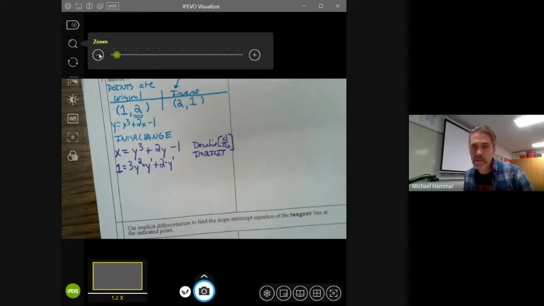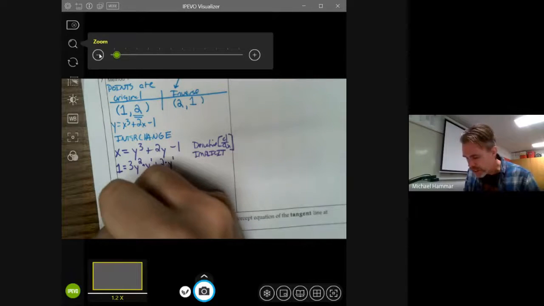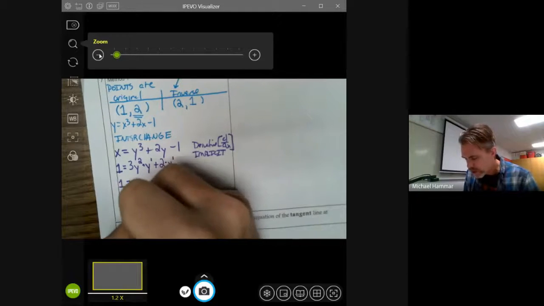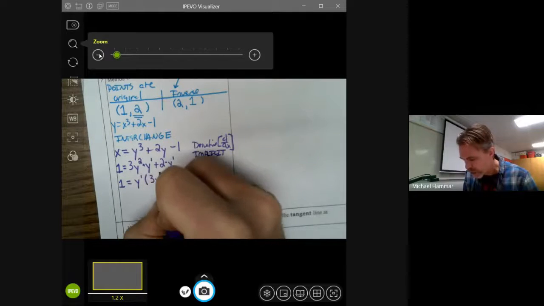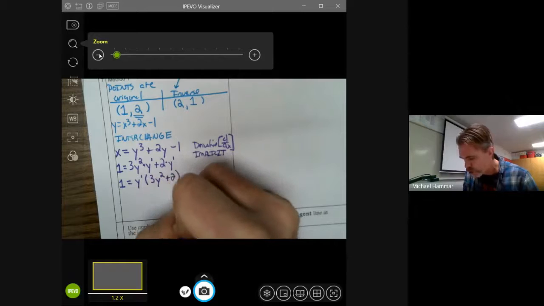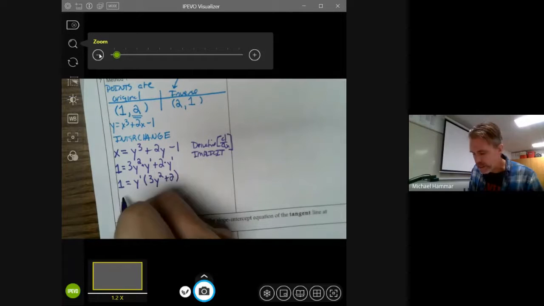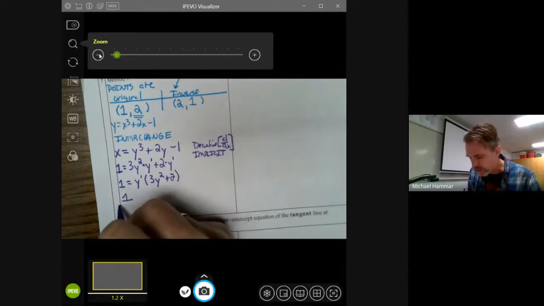And then the derivative of negative 1 is 0. Now, we need to get the y prime by itself. So we take out our y prime, and we have 3y squared plus 2, and then divide to get that by itself.